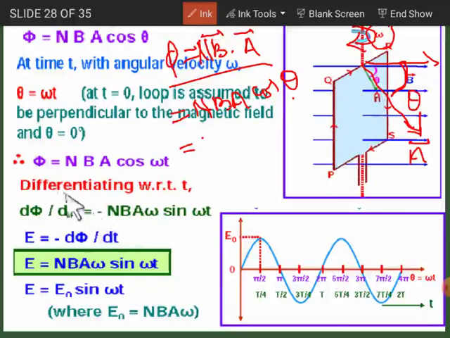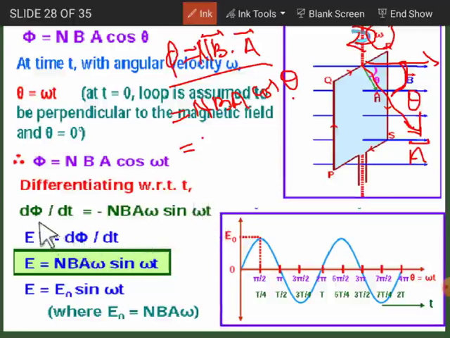Differentiating this, we will have d phi by dt. The differentiation of cosine of omega t, we know, is minus sine of omega t, and after differentiating the sine, we need to differentiate the angle again, so another omega will come up.